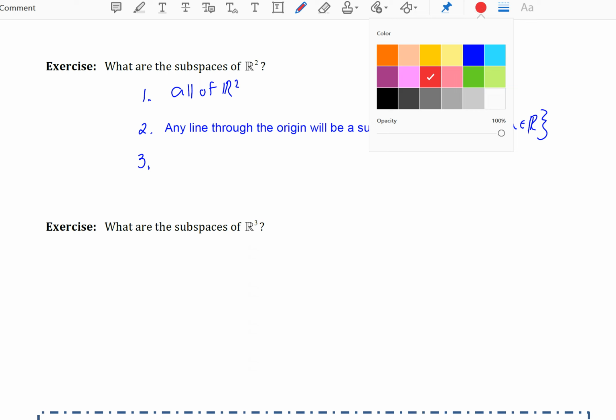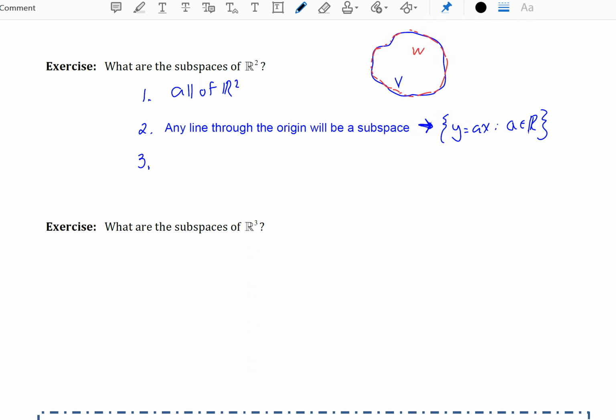So I guess we'd be saying here W is less than or equal to V. That was technically a subspace. It's contained inside of it. And the third one is only the zero vector.